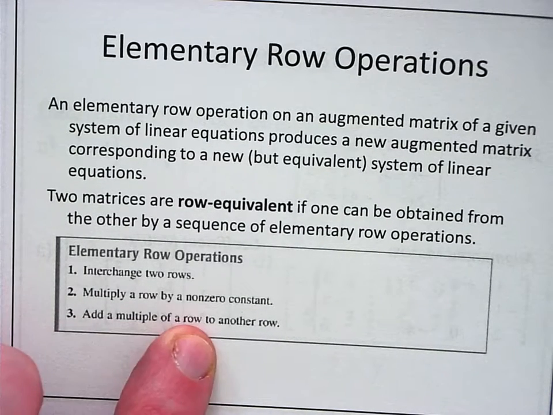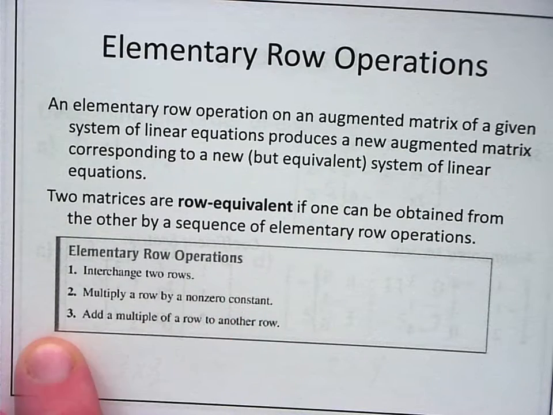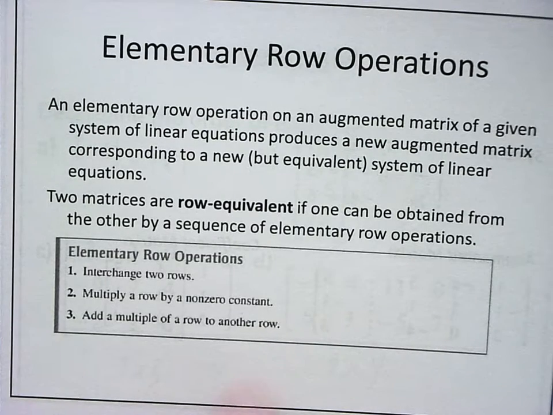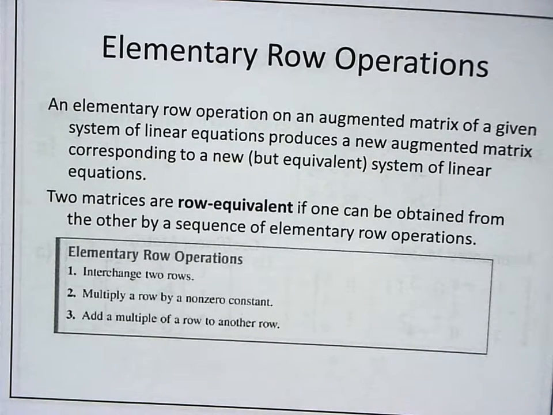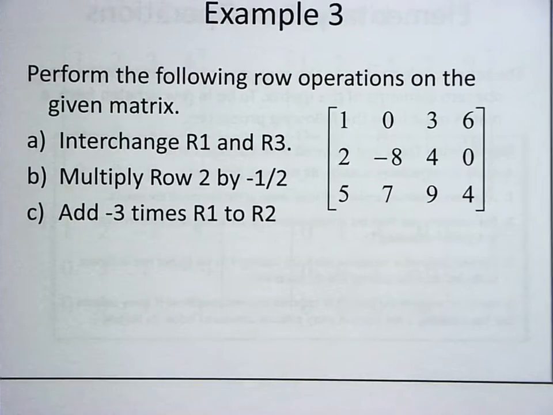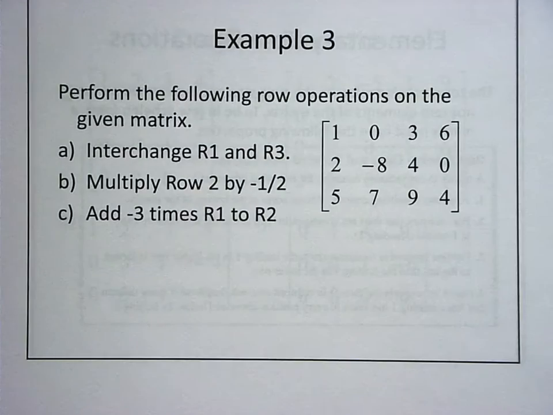You can multiply a row by a non-zero constant, and you can add a multiple of a row to another row. We've done all these before. It's just, instead of writing the x, y, and all the pluses and minus signs all the time, you can just take that matrix and work with that. Okay? So, if it asks you to interchange rows 1 and 3, well, what would that end up looking like?